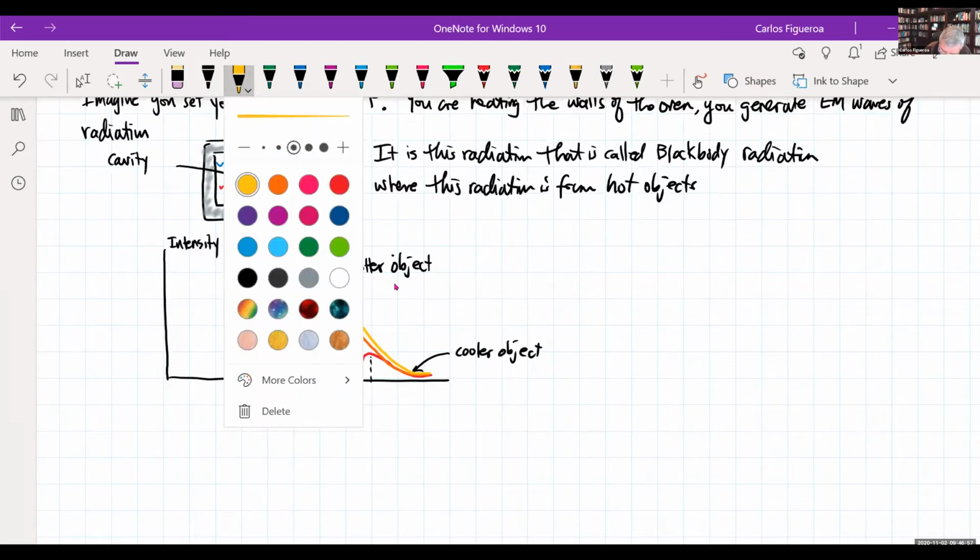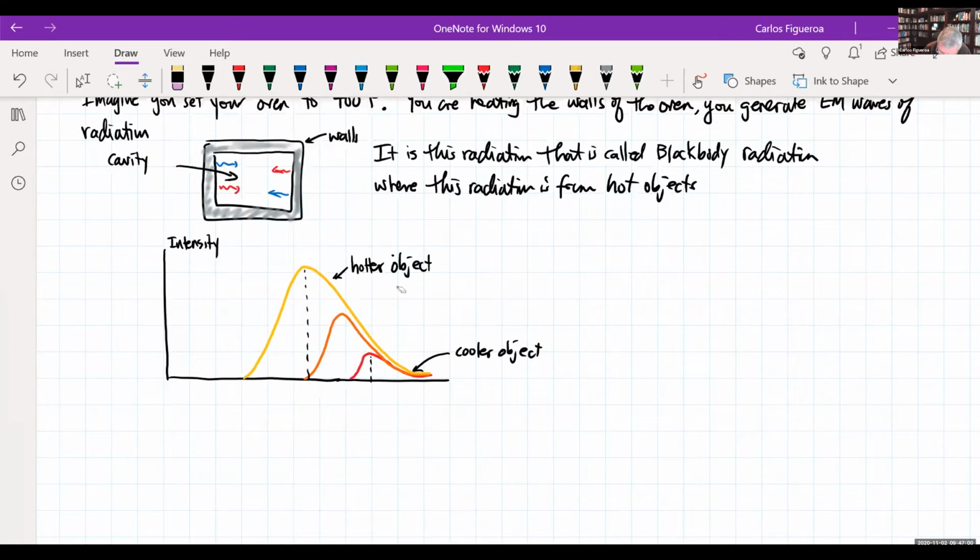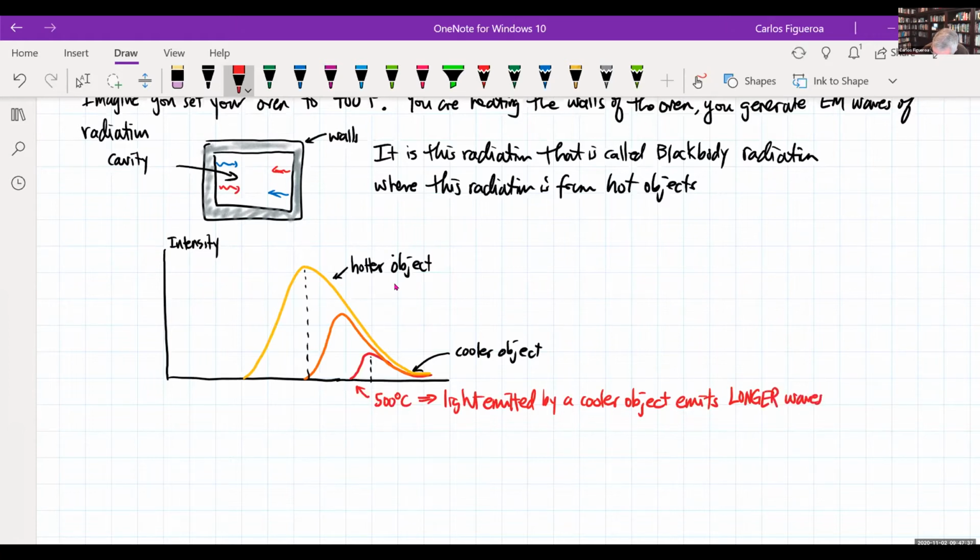You heat up an oven and you're able to heat this guy up to, let's say that the red here has a temperature of 500 degrees C. We say that the light emitted by a cooler object emits longer waves or lower frequencies.